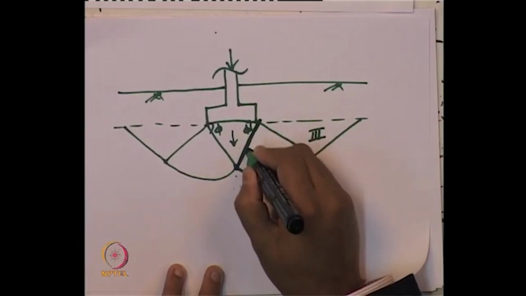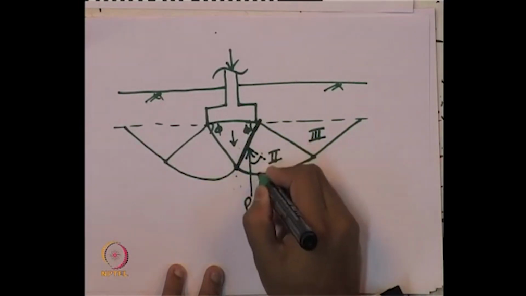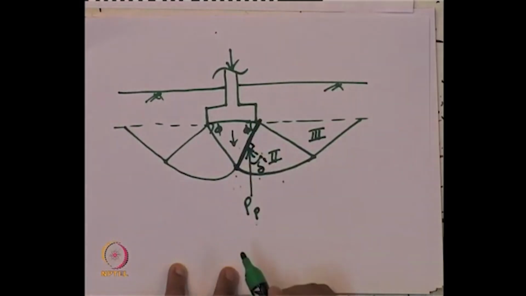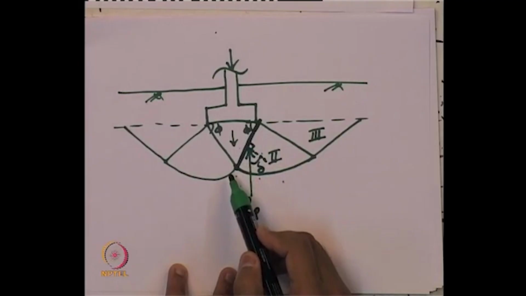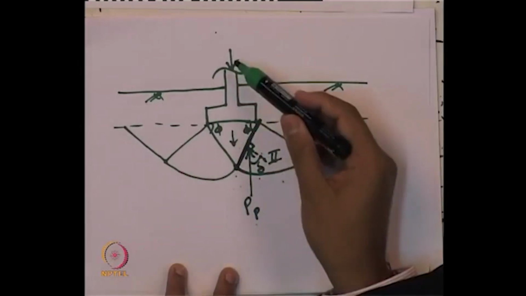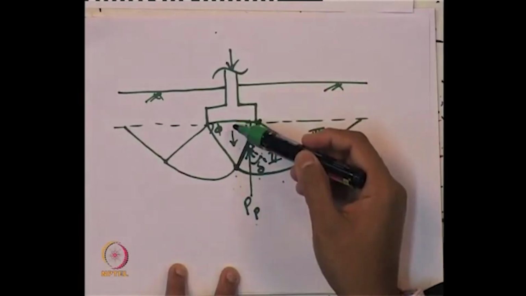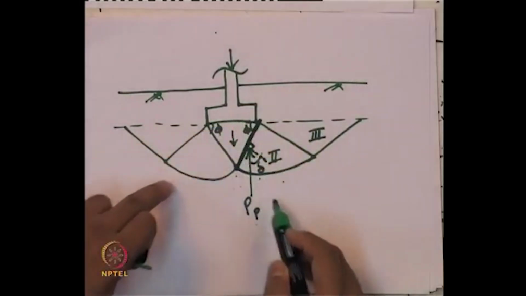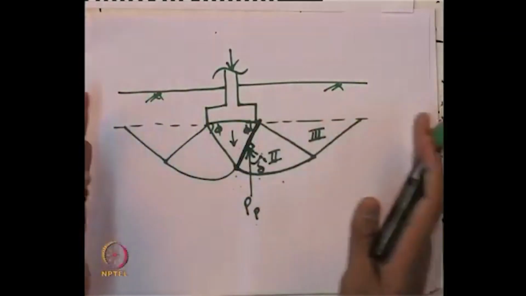There will be passive earth pressure acting at an angle delta with respect to the normal to this. Why is it a passive earth pressure? First of all, when we are talking about this imaginary wall, let us see how the displacement is occurring. When the load is acting on the footing from the column, this soil tries to punch inside and go inside, so the surrounding soil moves in this direction.